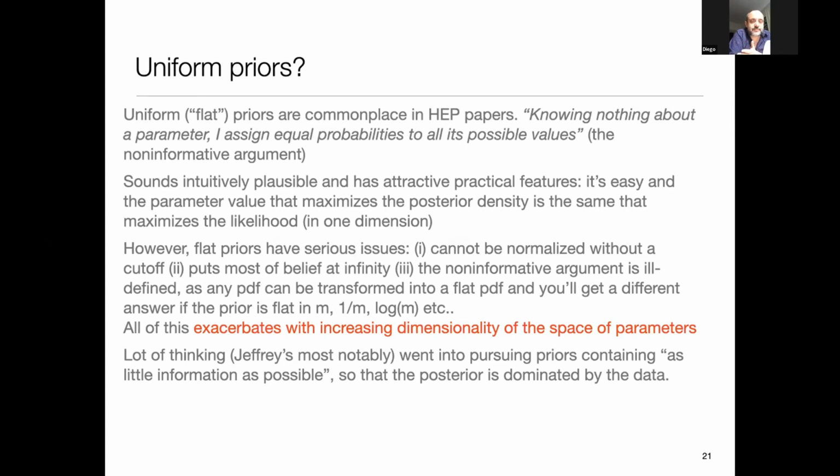But if you change the metric, that thing that was uniform in this problem will not be uniform. And so this dependence on the metric introduces an arbitrariness that should make it clear that the uniform priors are not uninformative.